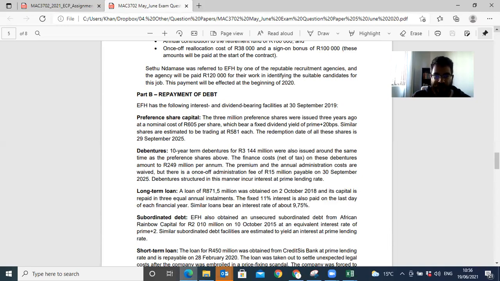So the nominal value, the face value, is 605, which bears a fixed dividend yield of prime plus 20 basis points. Remember, that is your coupon rate. The way you calculate payment is face value or nominal value times coupon rate. Similar shares are estimated to be trading at 581. So there you see similar shares, they're giving you the value. And then they say the redemption date of all these shares is 29 September 2025.